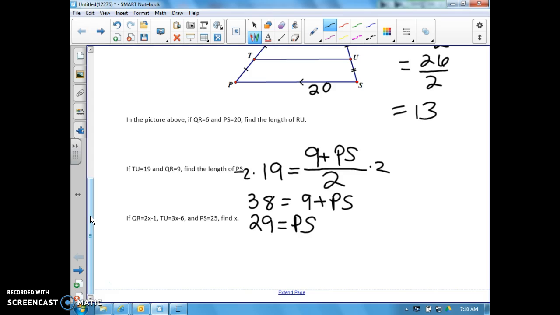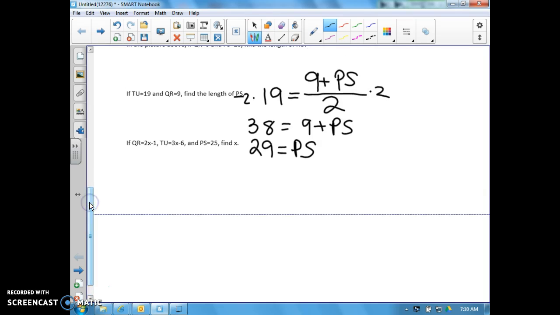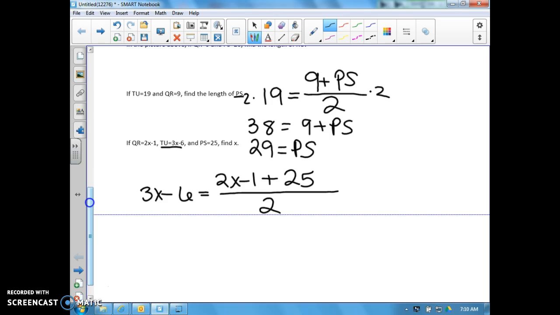We can also do this algebraically. So, for example, remember TU is my mid-segment, right there. I can say that TU, 3x minus 6, is equal to the average of those bases: 2x minus 1 plus 25 divided by 2.